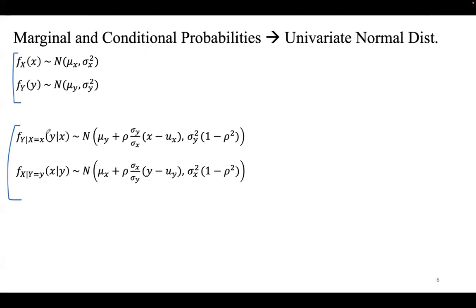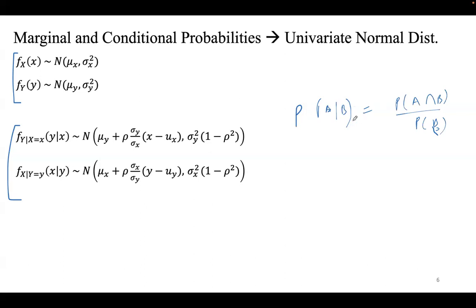If you remember conditional probabilities from the original formula, probability of A given B is equal to probability of A intersection B divided by probability of B. That's how we do it, and that's what we'll be doing here.